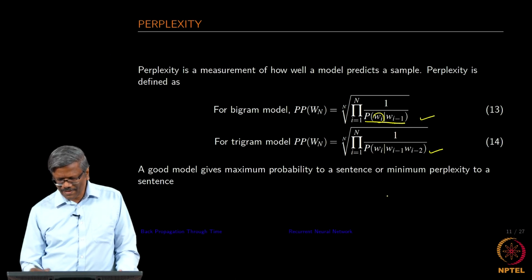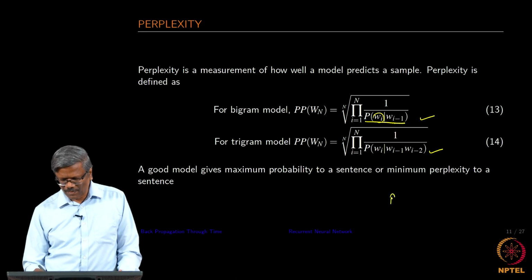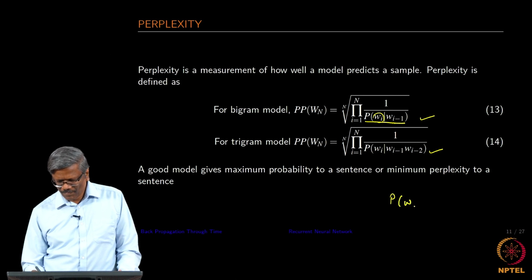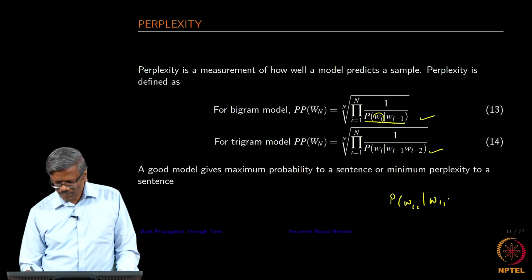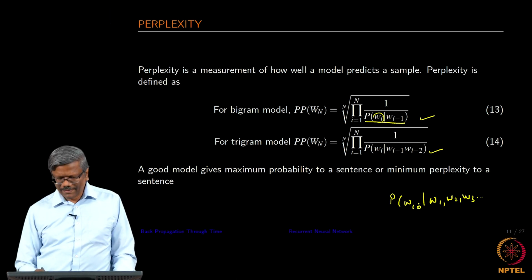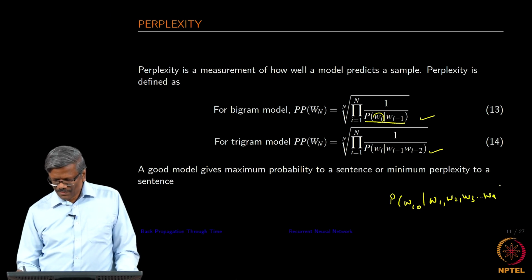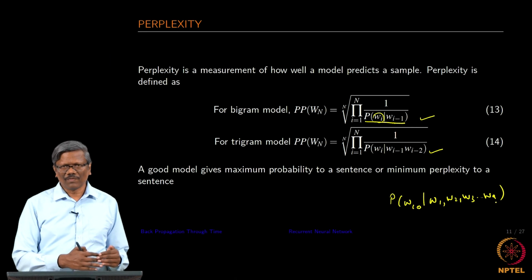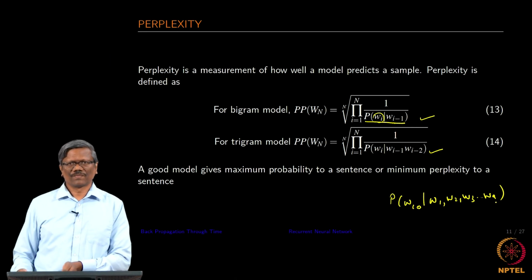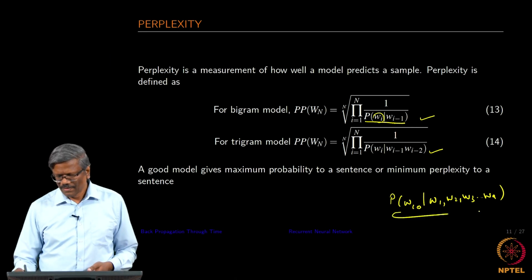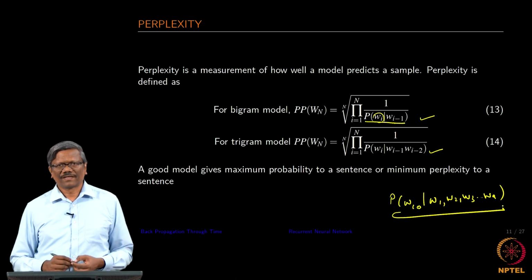And then if you use a character based model that we are looking at right now, let us say I am going to be looking at the 10th character and I want to predict the 10th character. So, in this model what we are actually computing is this, correct. This is what we are computing.